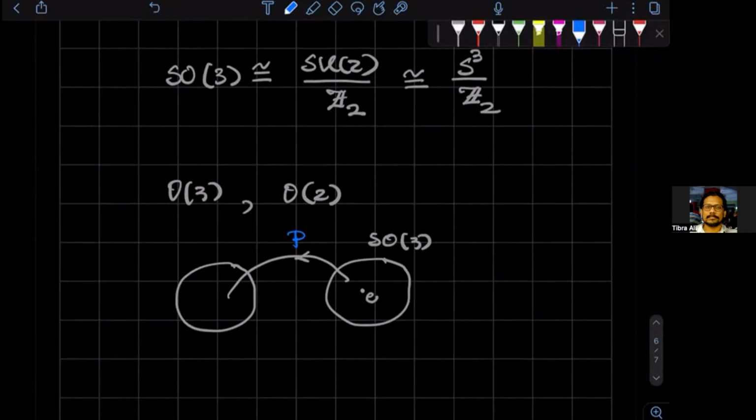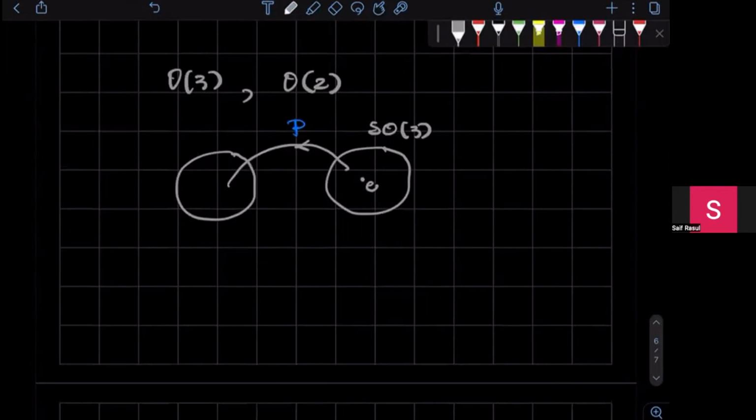Can someone give me an example of a very simple manifold which is disconnected? The zero sphere, I think, was disconnected. That's very nice. Thank you. That's exactly the answer I was looking for.